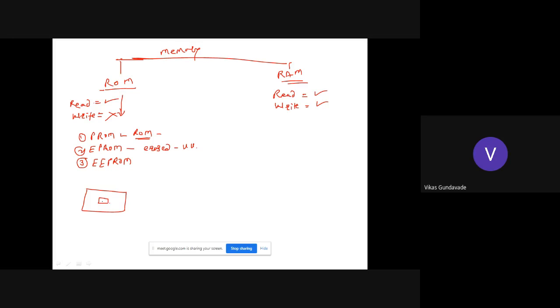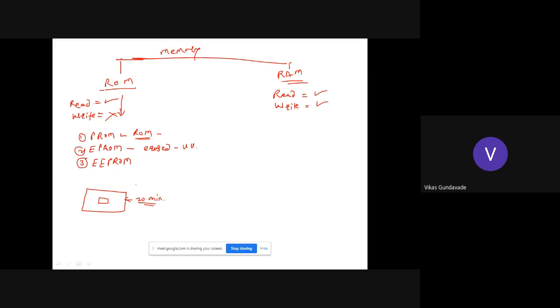When the light is exposed on this memory, all the data available in the memory gets erased, and again it can be programmed. But the time required for erasing this EPROM is more than 20 minutes. That much time is required to erase this EPROM.